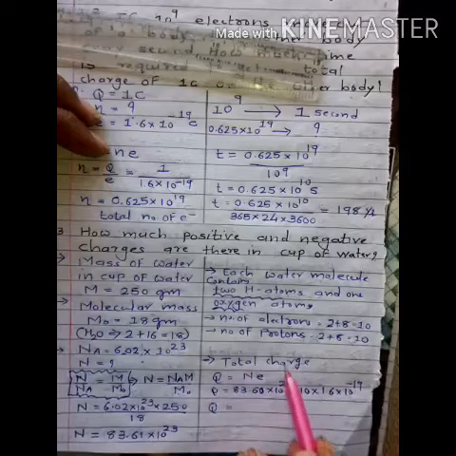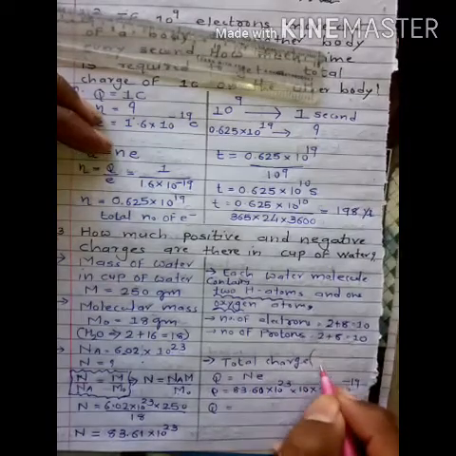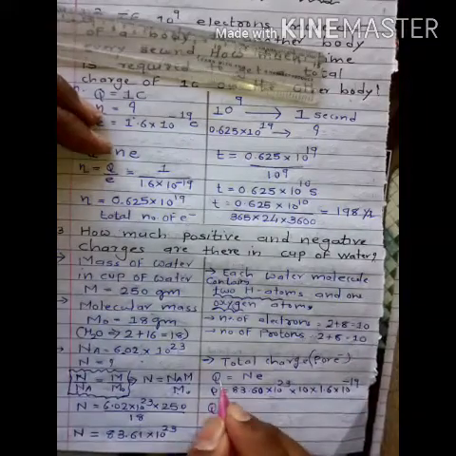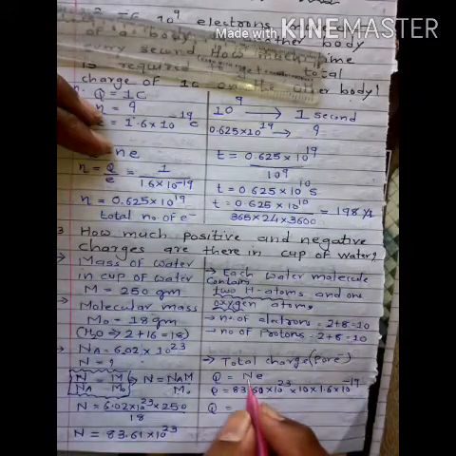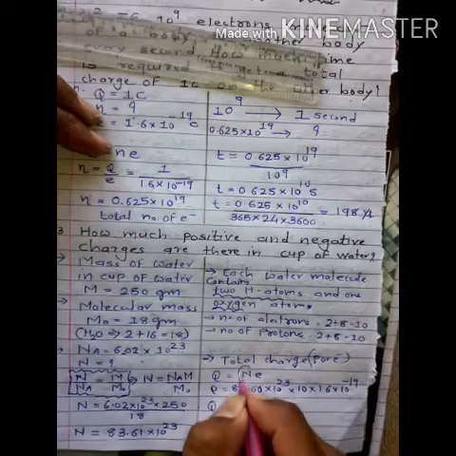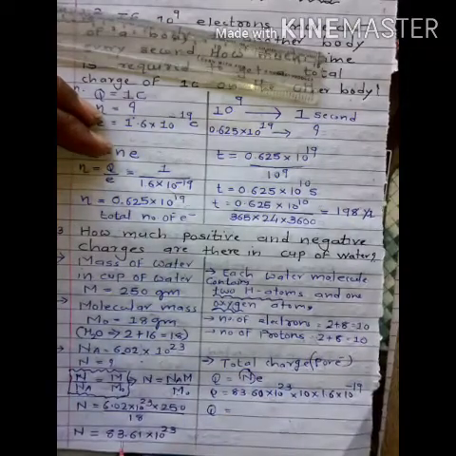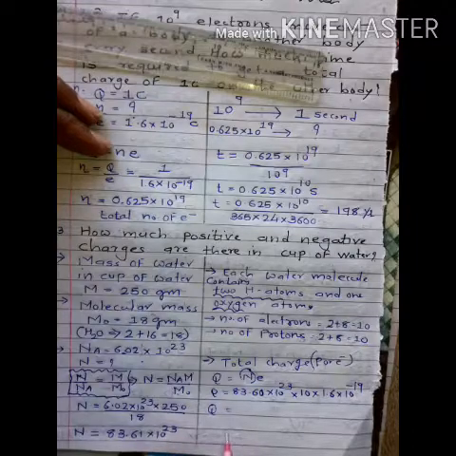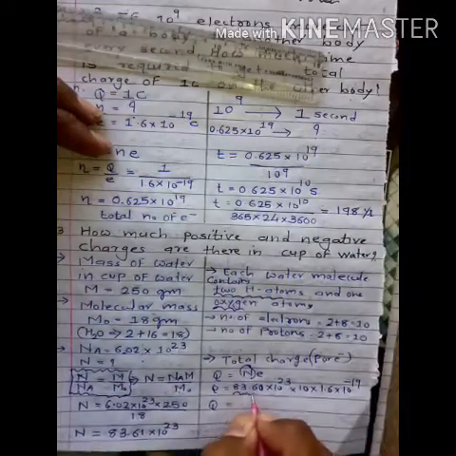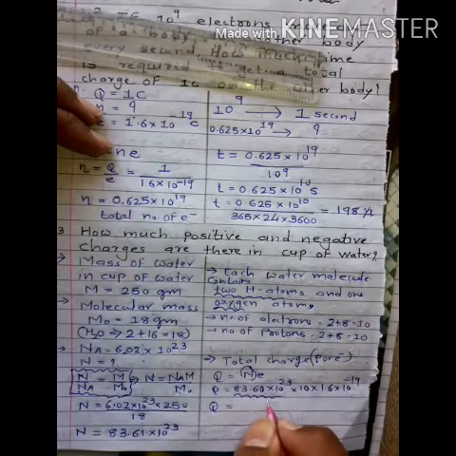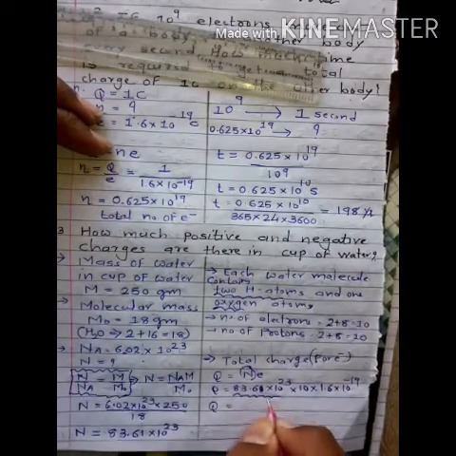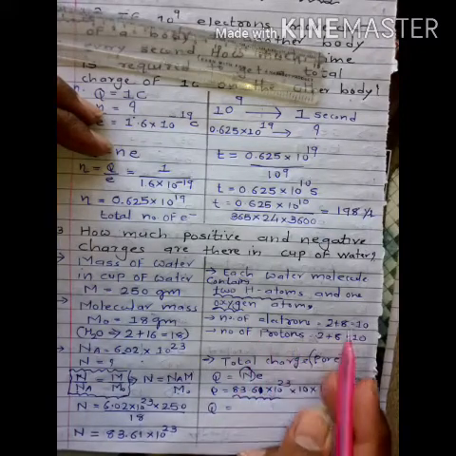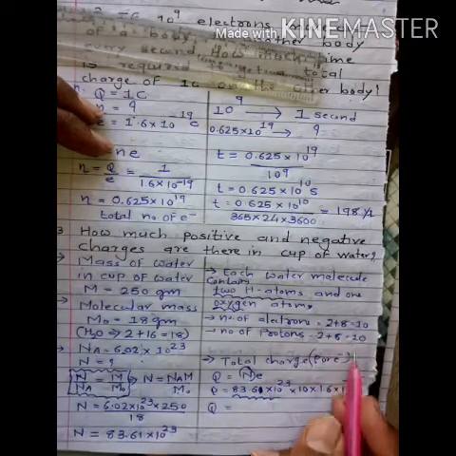Here we want the total charge of protons or electrons. So we use the standard equation, Q is equal to ne. n means the number of electrons. So there are 83.61 into 10 to the power 23 water molecules present. Each water molecule contains 10 electrons or 10 protons.